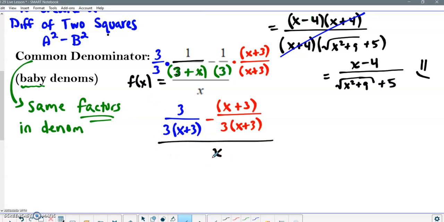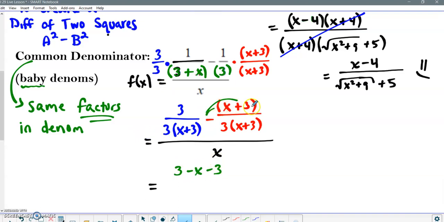Now the purpose, again, of getting a common denominator is so that I can combine the numerators of my numerator, because I've got these baby fractions with these little denominators. So when I combine these, I've got 3, and then this negative gets distributed, so I get a negative x and a negative 3.